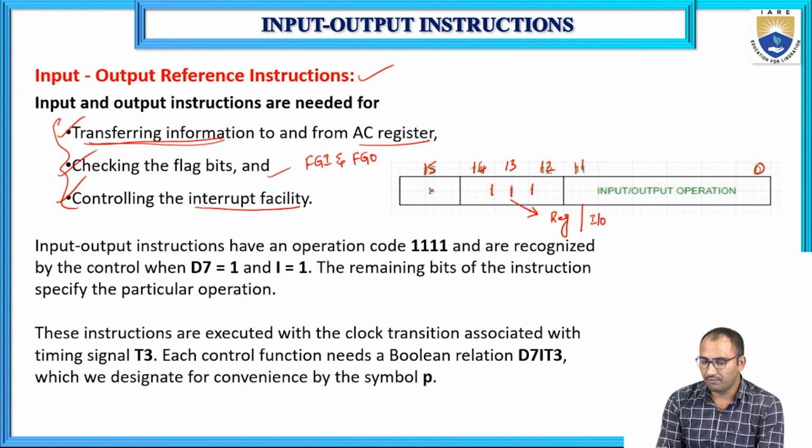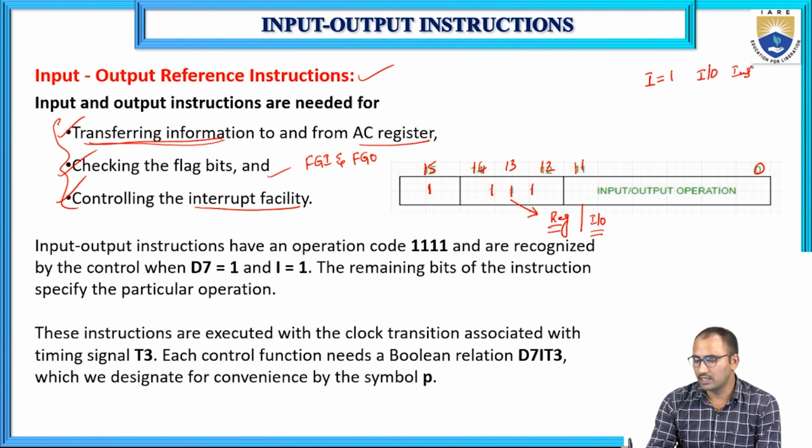Based on the 15th bit, we can decide whether that is a register reference instruction or an IO reference instruction. The 15th bit is I, the indirect bit. If I is equal to 1, then that is an IO reference instruction.